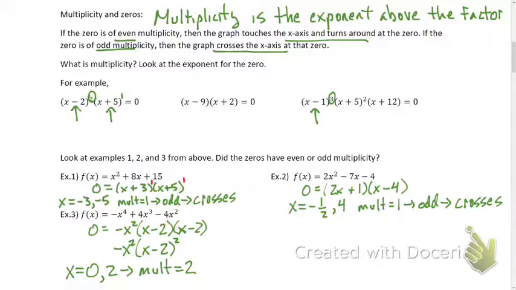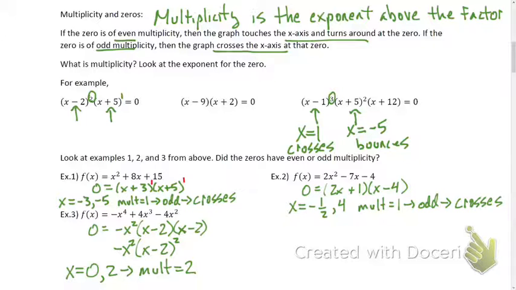By the way, each zero could have different multiplicity. So like up here in the middle of the page, x equaled 1, that has odd multiplicity, it crosses. This one right here has even multiplicity, so it bounces. So it doesn't have to have the same behavior for all the zeros.